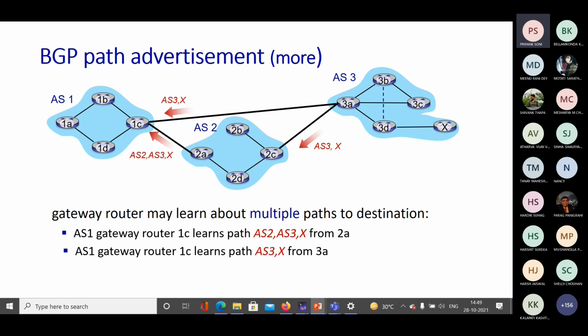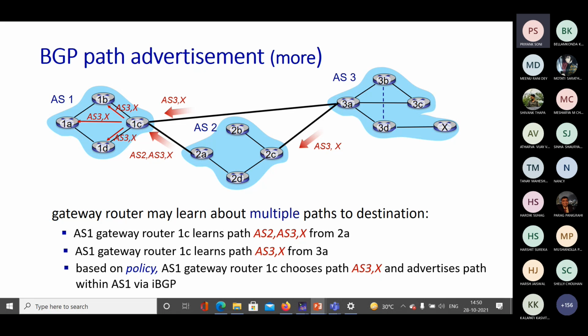So 1C learned this path from 2A, and 1C also learned about the path to AS3 via 3A, and that path information is AS3, X. So 1C is learning two different paths to the same destination. Now what will 1C do? Of course, there is a policy for the given AS. So depending upon what policy has been used, the AS1 gateway router, 1C, will choose the path.